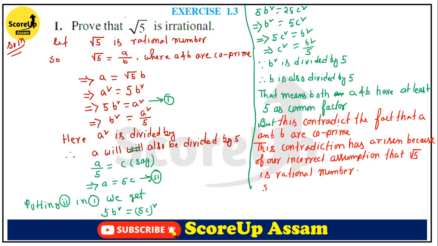So we conclude that root over 5 is irrational. Hence proved.